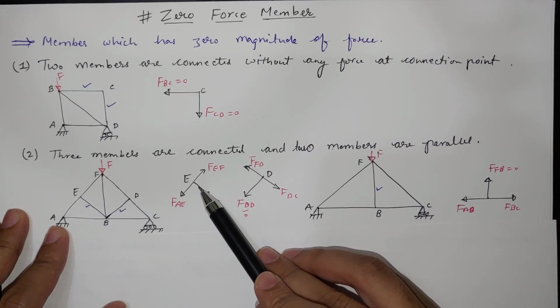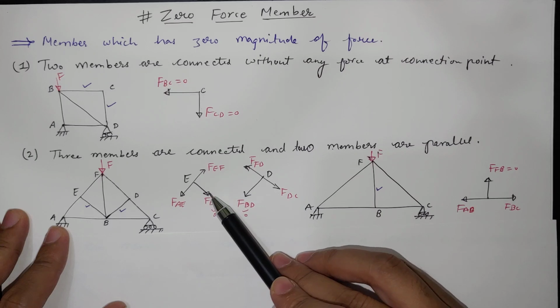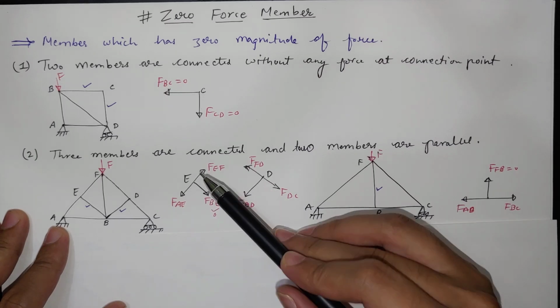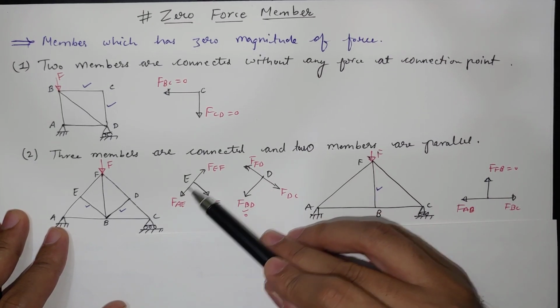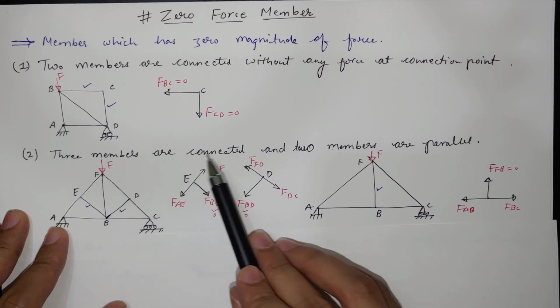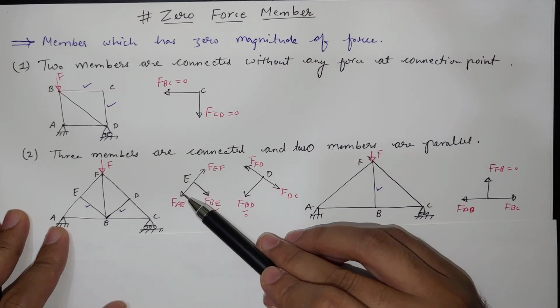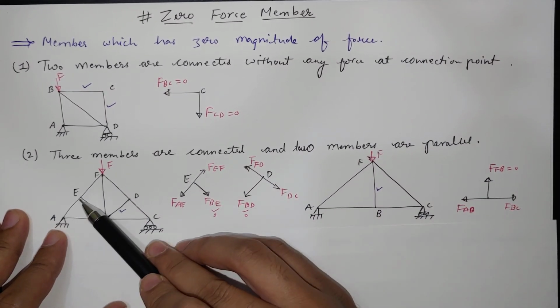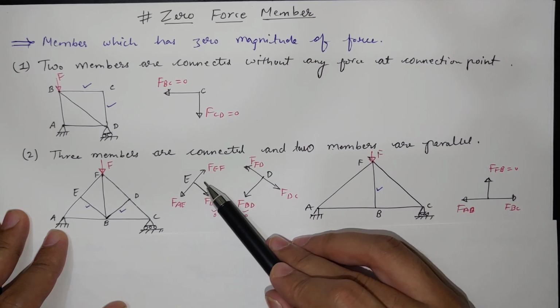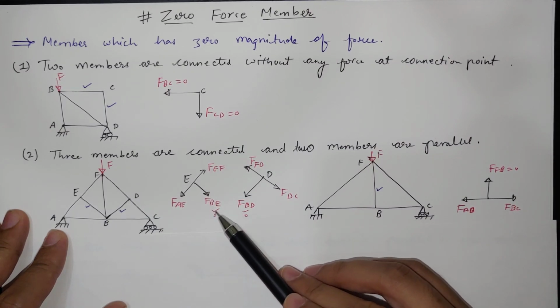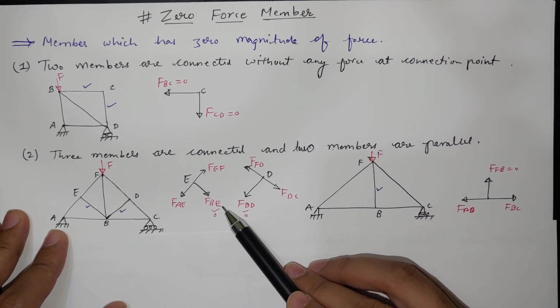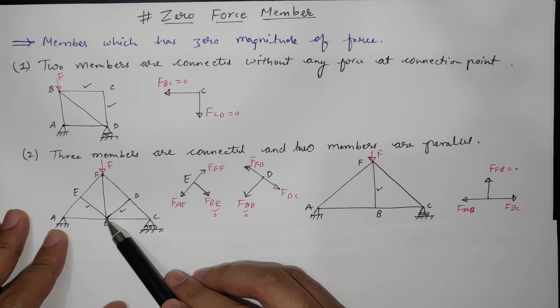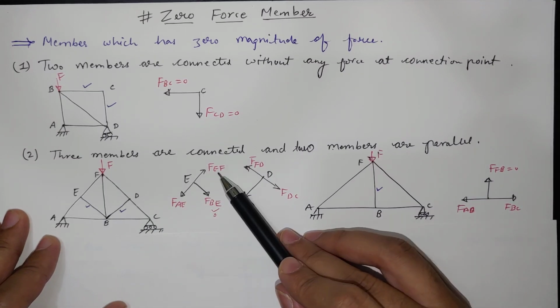At these joints three members are connected, and two members are parallel. At E, AE and EF are parallel, and the other one is at some angle. So we can directly say that BE will not take any load. BE is a zero force member, and AE will be equal to EF.